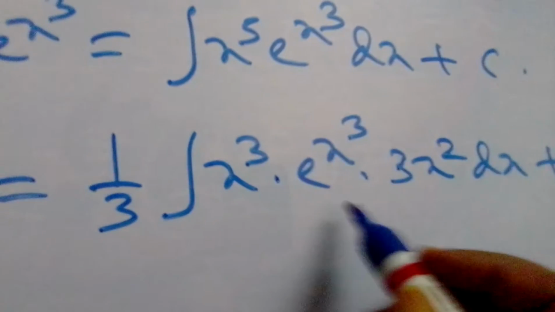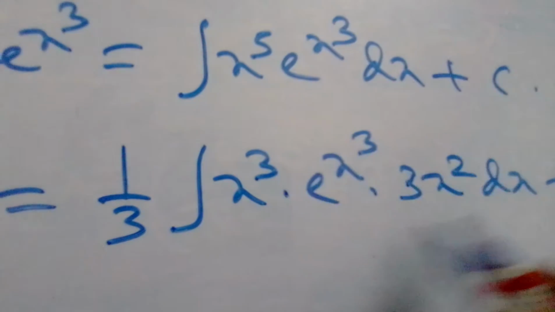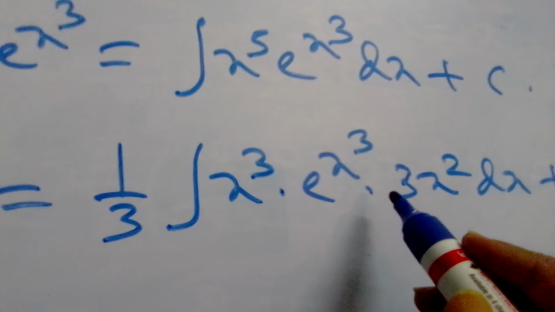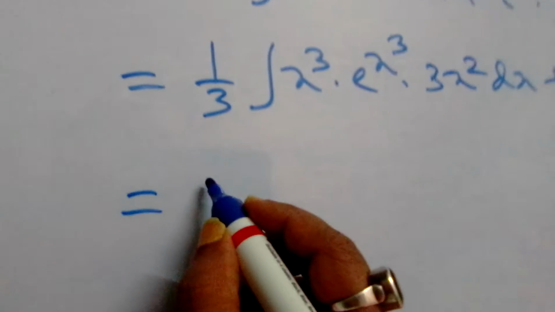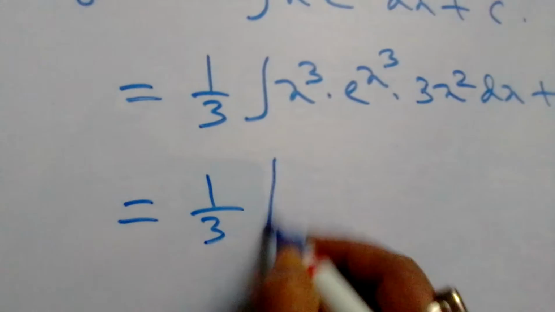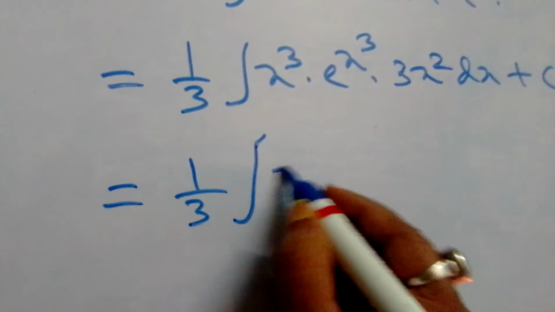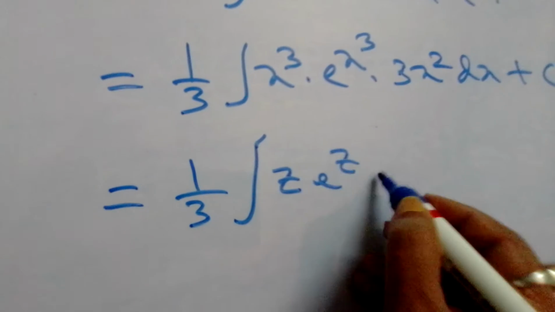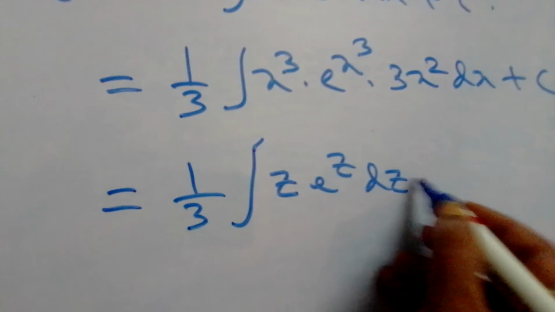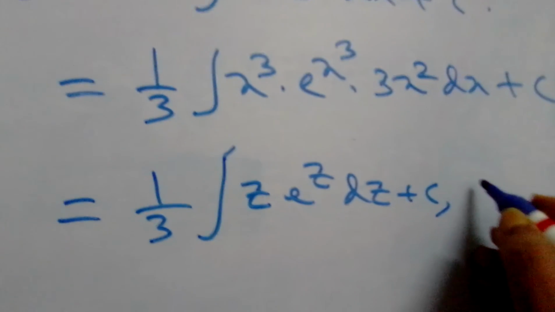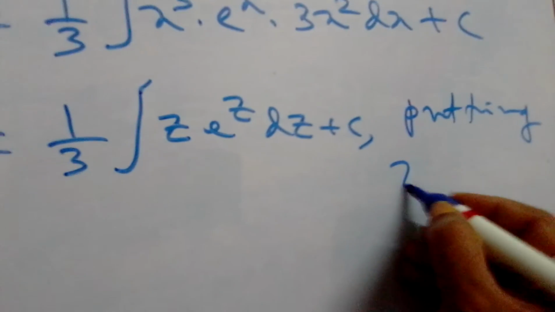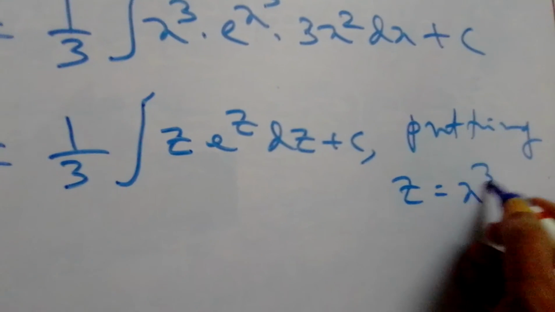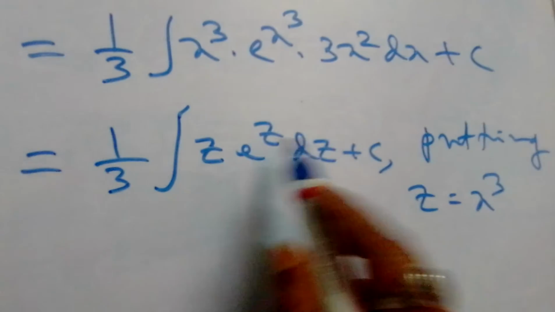Because if we take this type of integration, we can write d of x cube, and if we substitute another variable z, that is 1/3 into the integral of z e to the power z dz plus c, as we put z equal to x cube, so dz equals 3x squared dx. That will be our result.